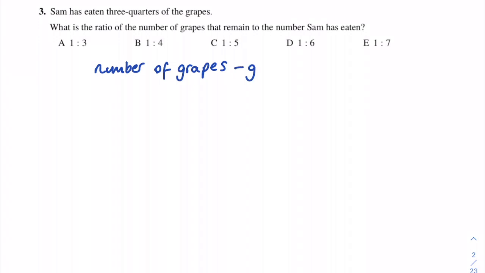So we say that's 1/4 of G. And then this is to the ratio of the number that Sam has eaten. Well, the question says that Sam has eaten 3/4 of the grapes. So that will be 3/4 of G. So it's 1/4 of G to 3/4 of G. So now we can divide this ratio through by G. So the G's end up cancelling each other out.